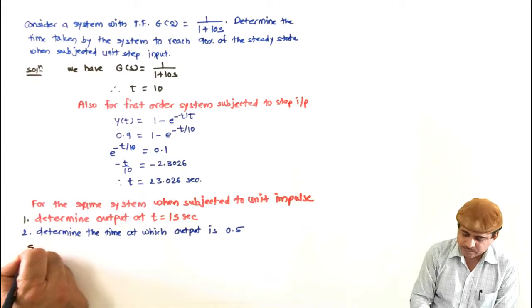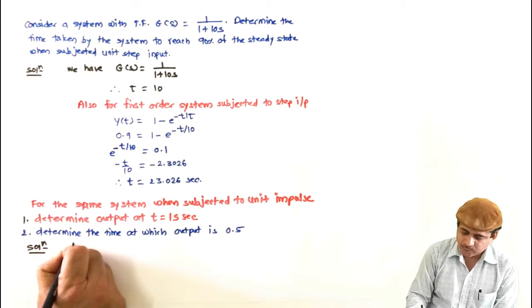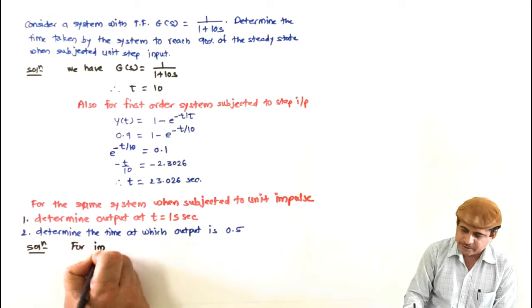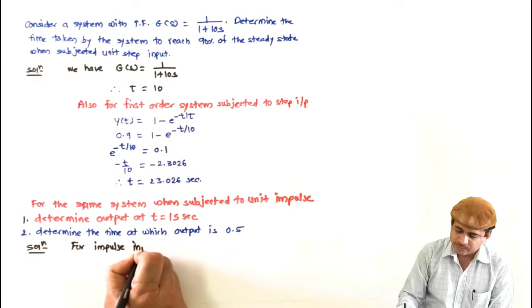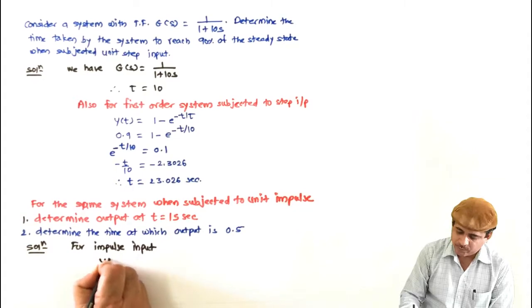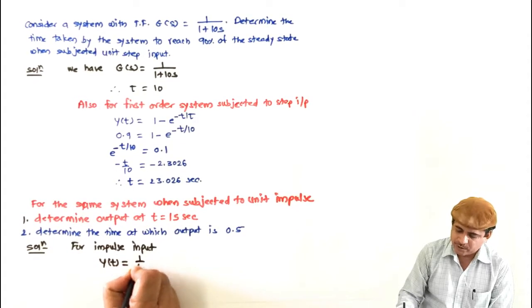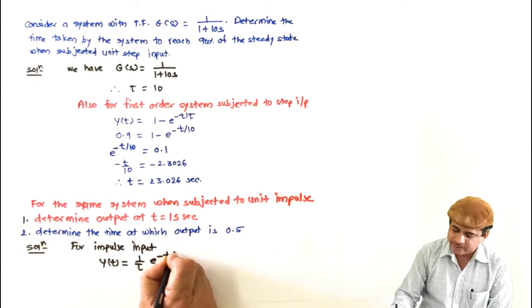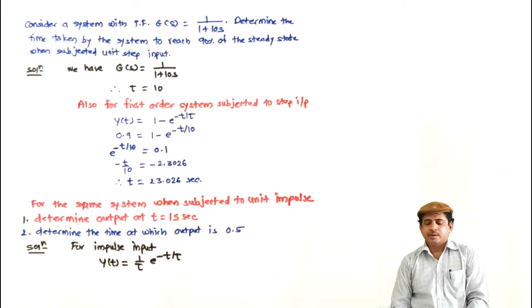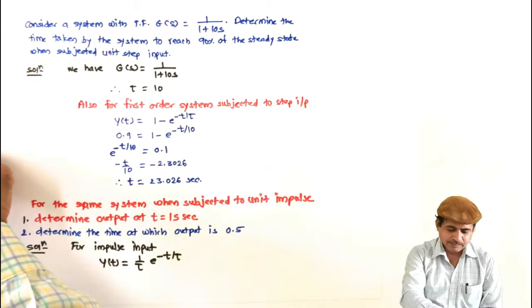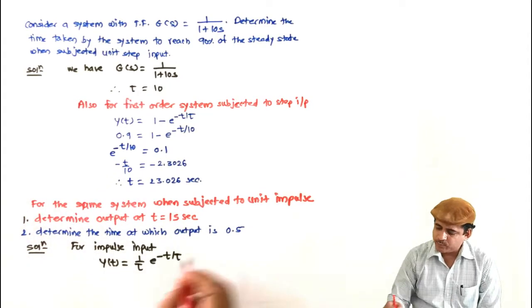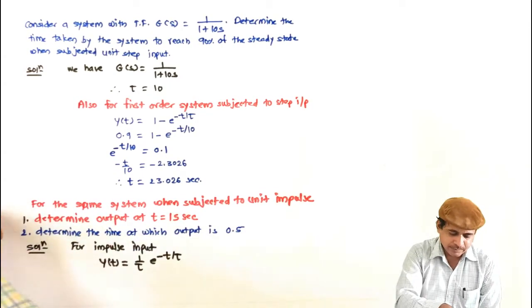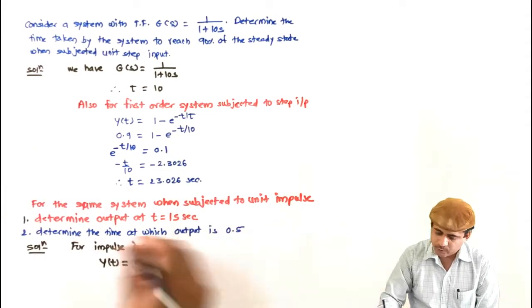Very simple. For impulse input, the system is the same, so everything is the same, but for impulse input, y of t is equal to 1 by tau e raised to minus t by tau. So here the output will never be 0.5, but let us take 0.05.